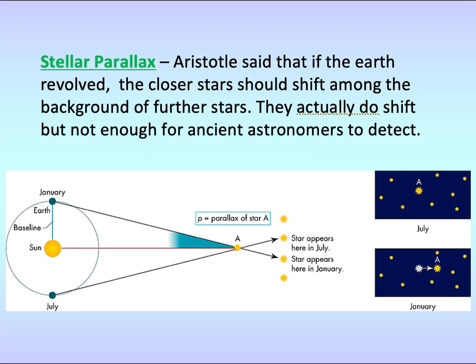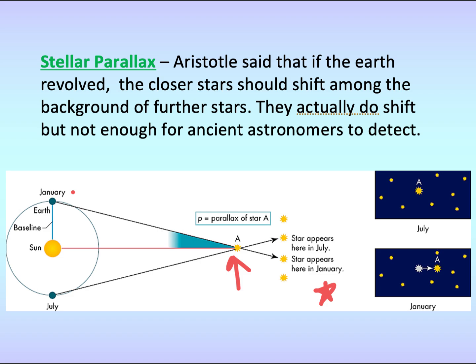Now back to parallax. Look at the diagram. When Earth is in the position labeled January, someone looking toward the star labeled A would see other background stars behind it.